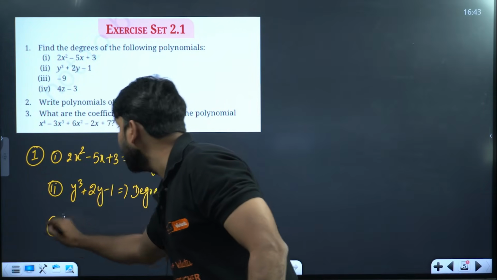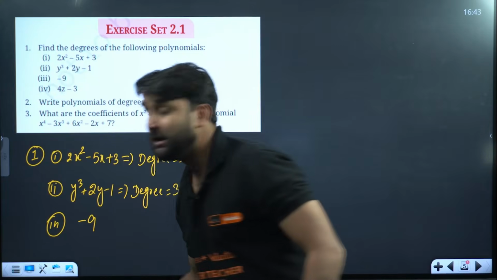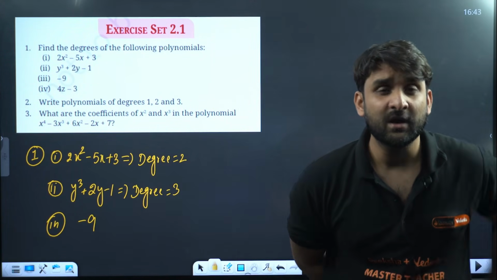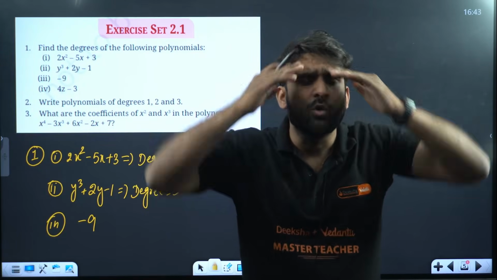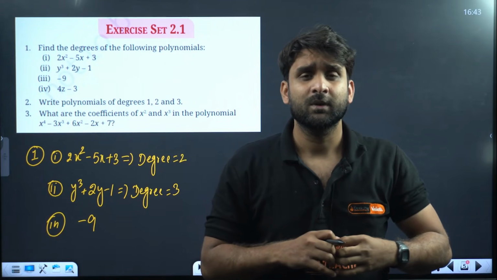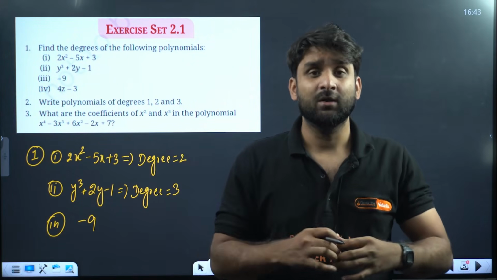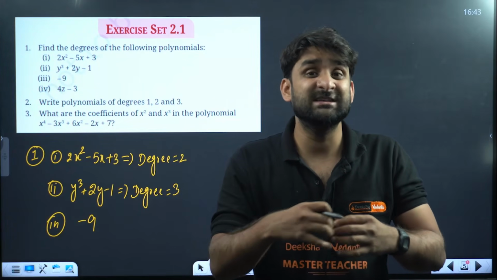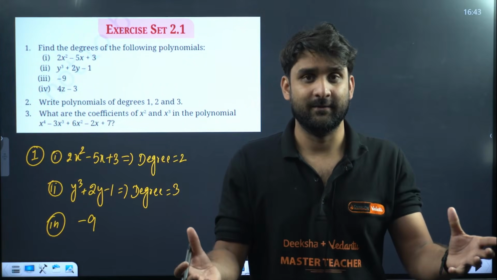Oh my god, the third question is minus 9. My god, minus 9, no variable is there. Now imagine why there is no variable. Why has the existence of the variable vanished?